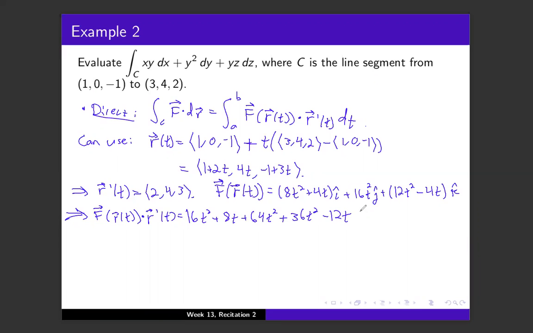Now simplifying that down a little bit, 116t squared minus 4t. We're basically ready to solve the problem at this point.